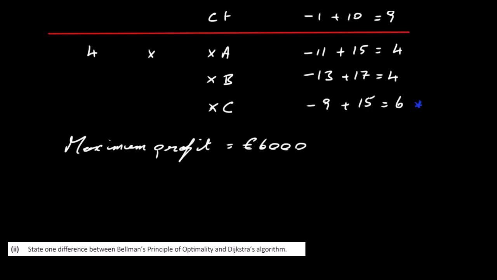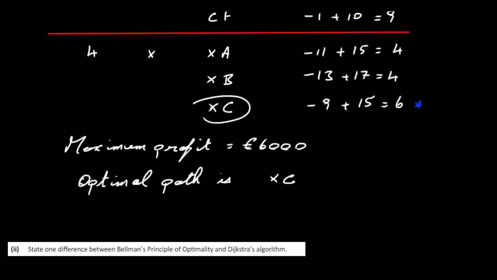So the optimal path is X to C, because this one gives us our maximum profit.